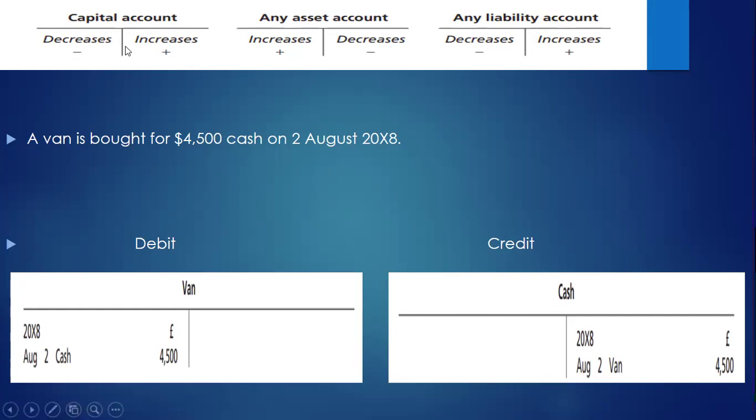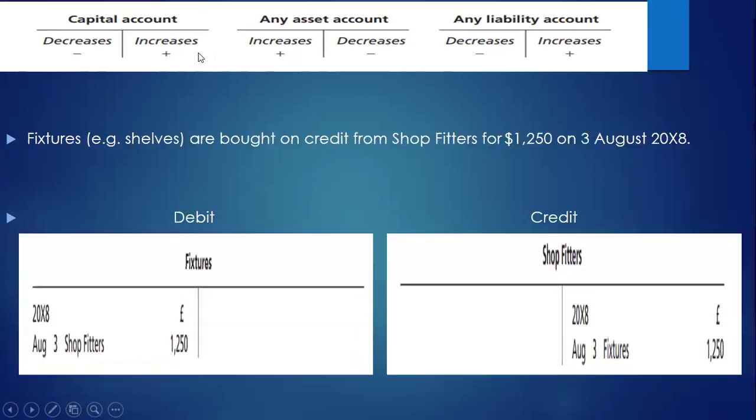The key idea here, keep this in front of your eyes. This equation, this process, this rule is going to make your life so easy. Let's take the next one. Here, this business bought on credit. What did he buy?